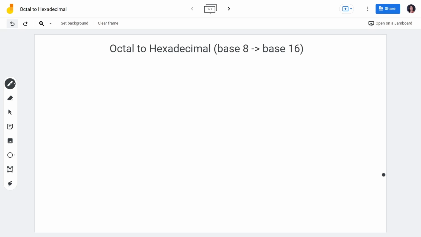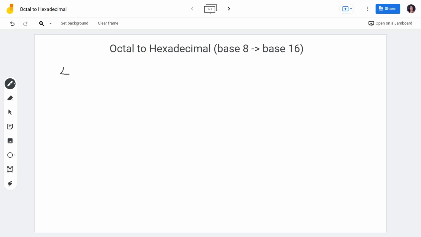For this example, we're first going to deal with octal to decimal to hexadecimal. And then for octal to binary to hexadecimal, we're going to use the same given number so that we can compare whether the results are the same or not. Let's start with an example of an octal number. Again, we must be very careful that the maximum digit is 7.